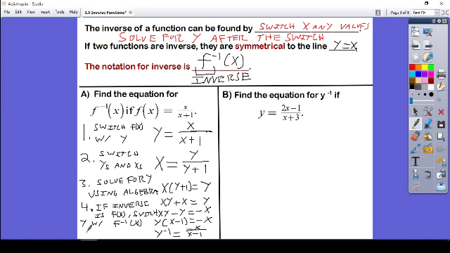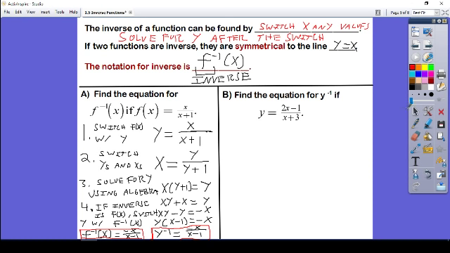So in that case, we would rewrite f to the negative 1 of x, that's the inverse notation, is equal to negative x over x minus 1. Try to write small so I can fit that all in there. So that's the answer. That's what you write as your final answer, but that's where all the work is completed. Negative x over x minus 1.